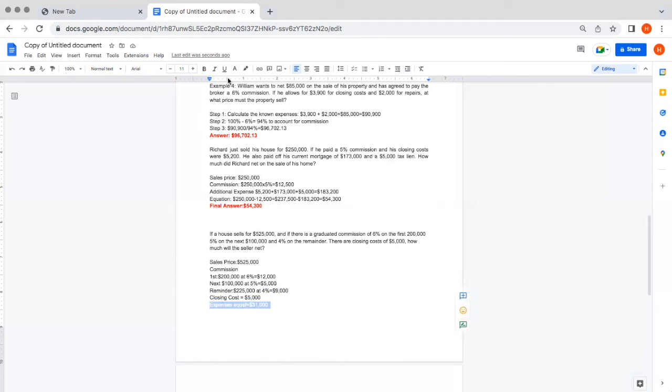Total expenses is going to be, I believe, $31,000. And so the $31,000 has to come out of the $525,000. He doesn't have a mortgage. He owns the house free and clear. And so the equation looks like this: $525,000 minus $31,000. He's going to net $494,000 on this deal. And so the answer is $494,000.